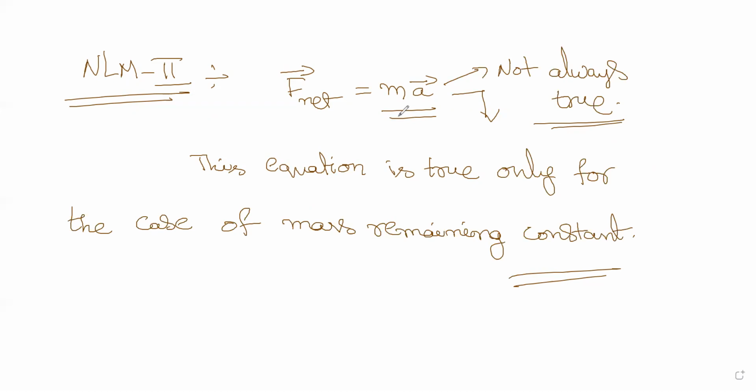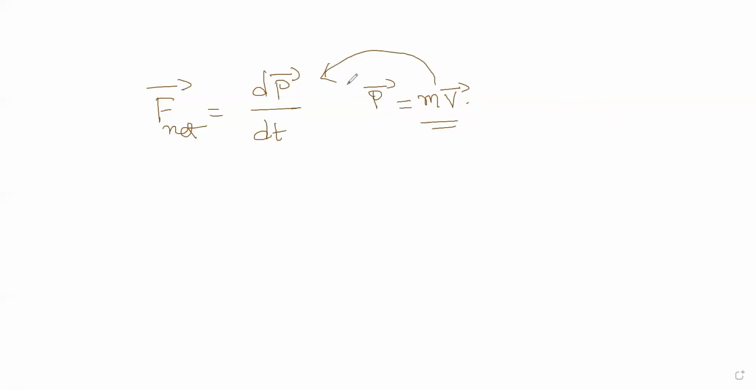So you know that F net is dp bar by dt. And you know that p bar is nothing but the product of mass and velocity. Now let's plug that in here.